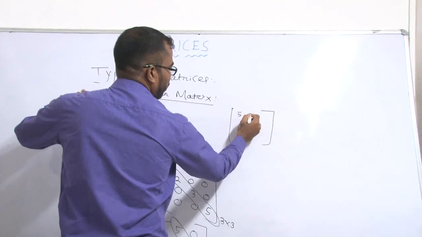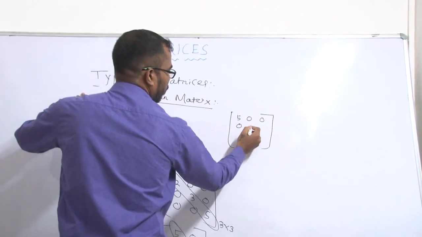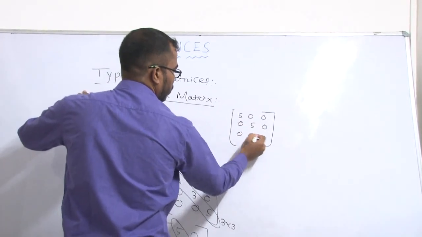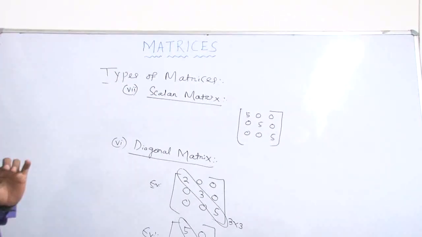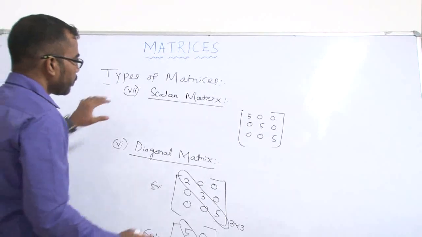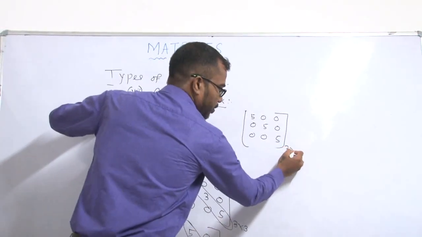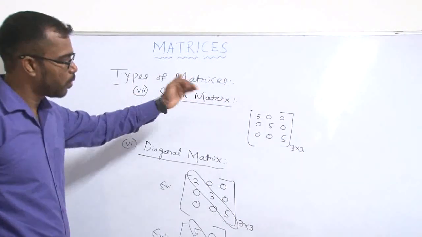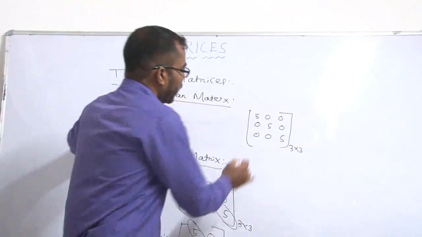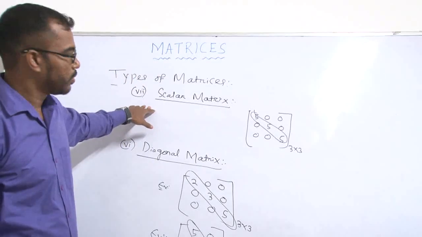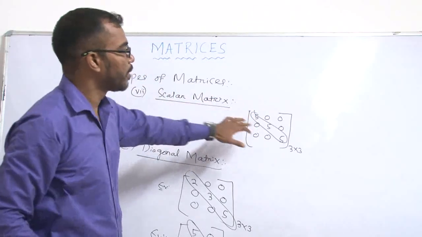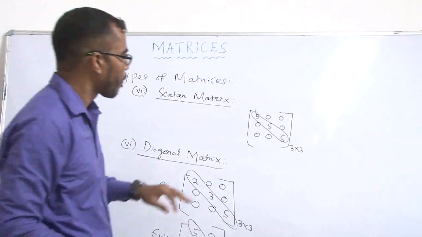Suppose 5 0 0, 0 5 0, 0 0 5. It is an example of scalar matrix because it is a square matrix, 3 by 3, because there are 3 rows and 3 columns here, and its diagonal elements are all same or all equal. So it is a scalar matrix.